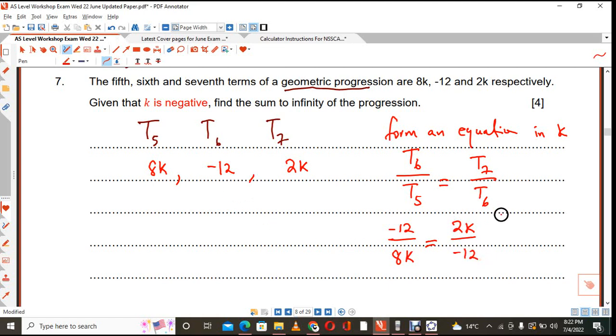All right, so you can just go ahead and do cross multiplication if you want to solve that. So that's going to give me negative 12 squared equals 8k times 2k. That's 144 equals 16k squared.